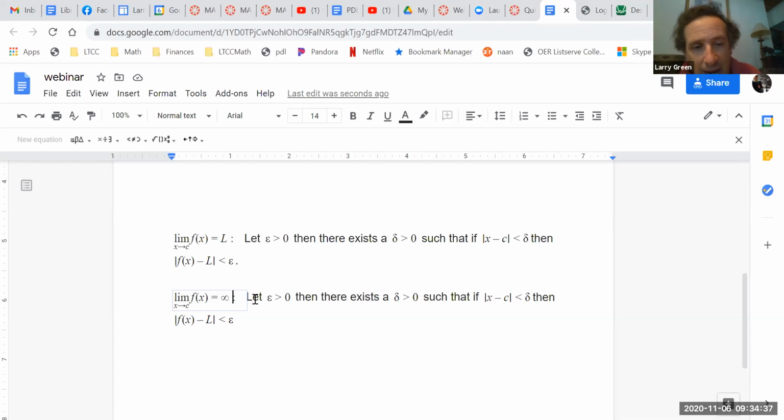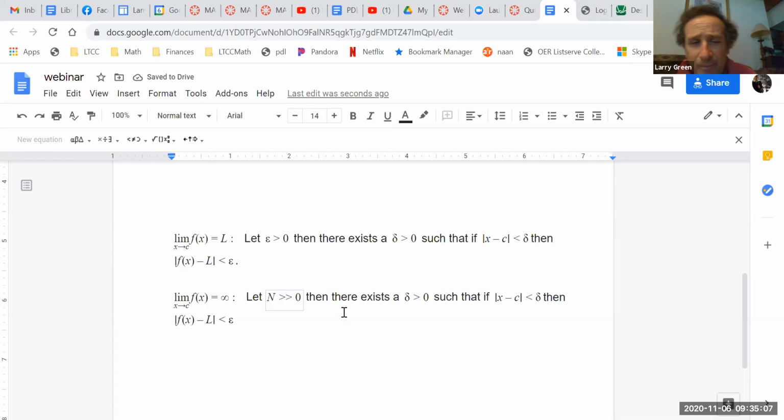So now we're not really looking at epsilon greater than 0, because you're not close to infinity. That makes no sense. Do you agree? You can't be close to infinity. But what you can say is you're bigger than any number that you can imagine. So instead of let epsilon be greater than 0, I'm going to say let capital N, sometimes I use N, sometimes I use M, be much greater than 0.